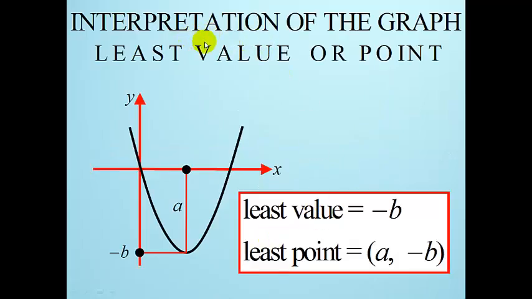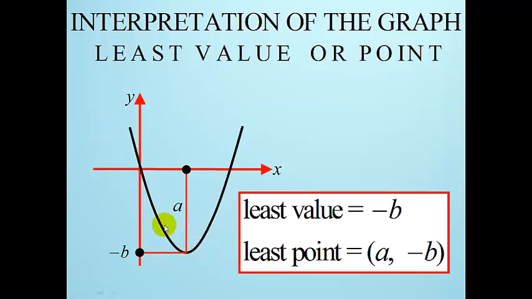Now let's look at interpretation of the graph. We have the least value or least point. This is a minimum graph that has a least value, and the least value is the value of y corresponding to the least point.